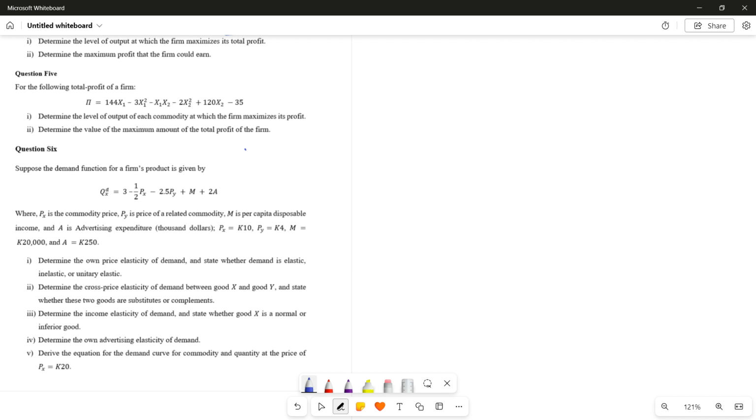With this one, the logic is the same. For the following profit function, determine the level of output of each commodity at which the firm maximizes its profit. This one is also the simplest, as long as you know how to do partial derivatives.